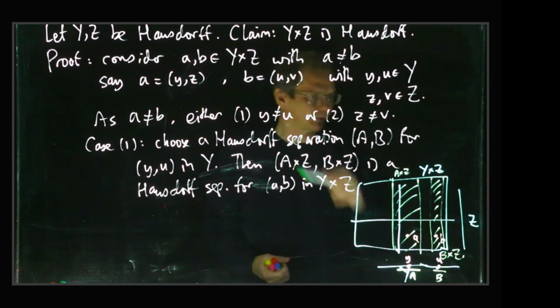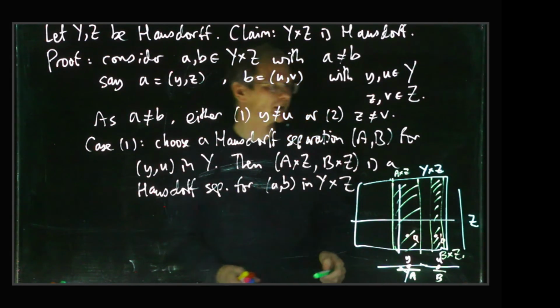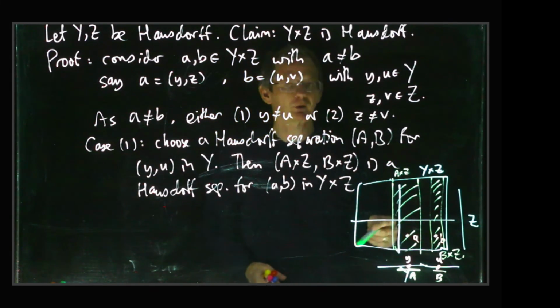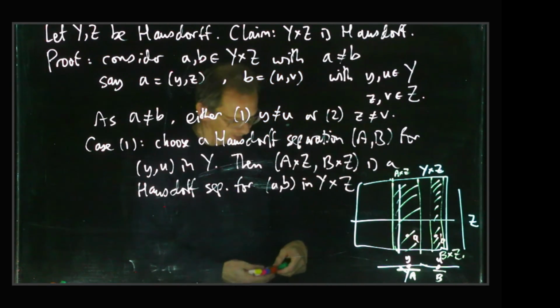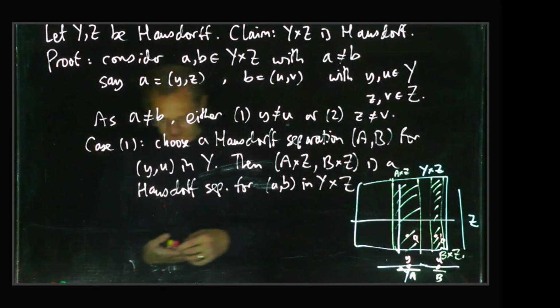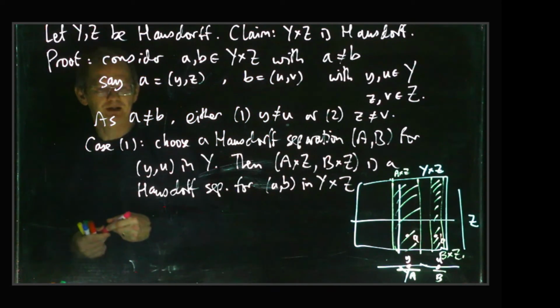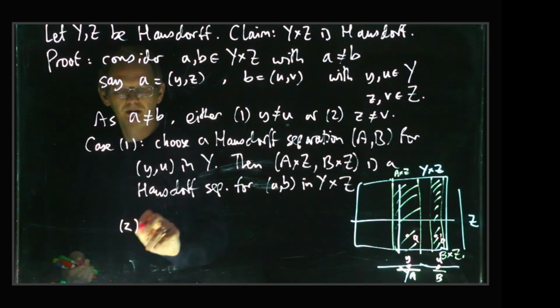That's not all the possible open sets, but it's some of them. Those are called boxes. So A cross Z is a box, and B cross Z is also a box. That's the proof in case 1, and case 2 is essentially the same.